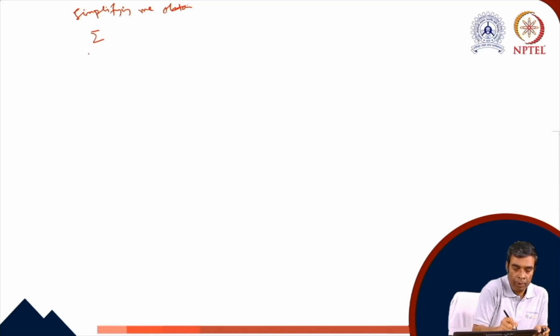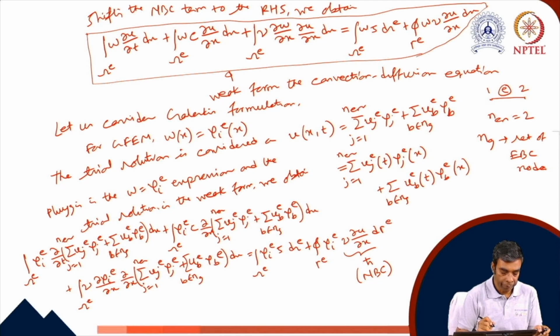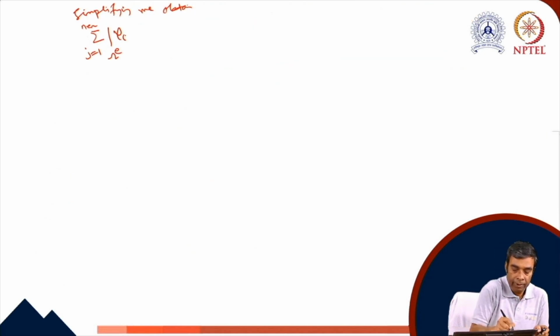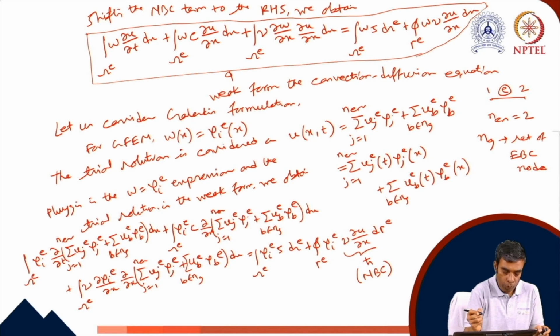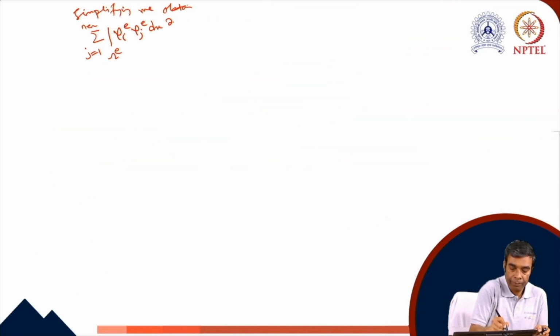summation over j equals 1 to nen, integration over omega e. The term will be psi_i^e psi_j dx into del u_j/del t.